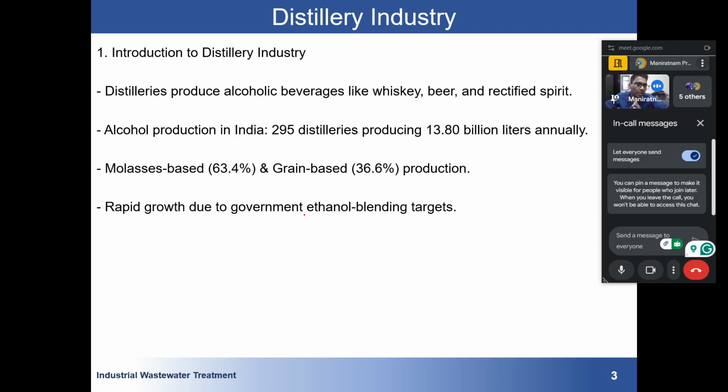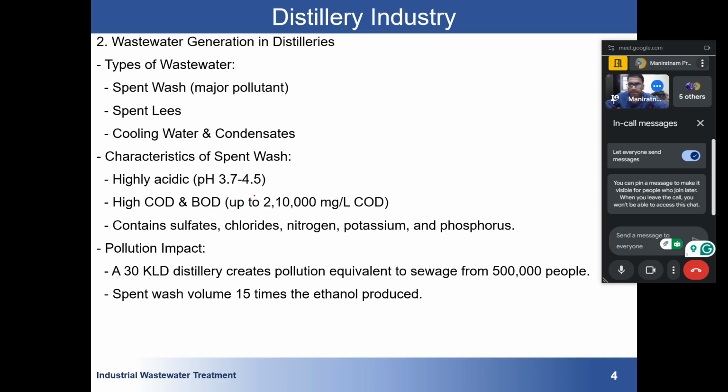You might have heard that our petrol comes with some ethanol blending. So the government wants to produce ethanol in higher amounts, and this industry plays an important role there.